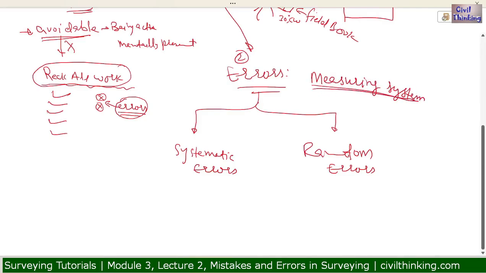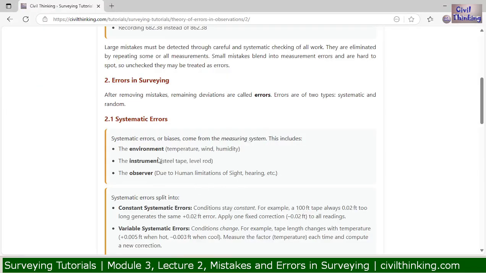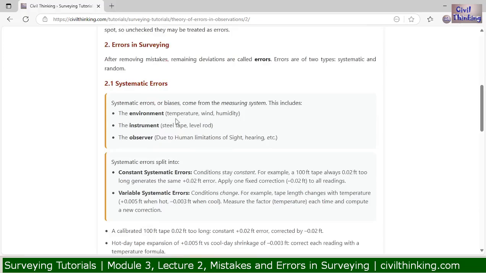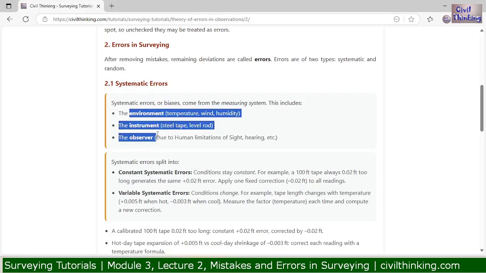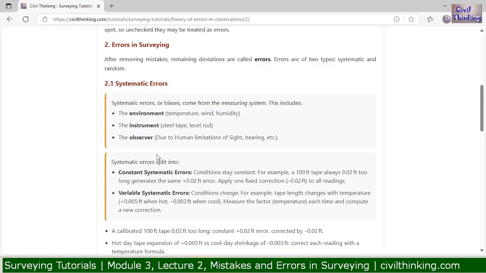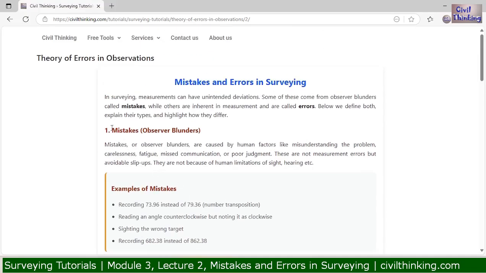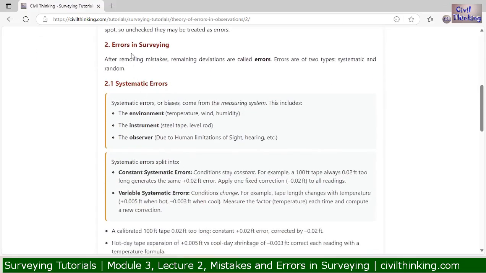Measuring system is basically a combination of a few things. What is the measuring system? Measuring system includes environment, instrument, and the observer. But you can remember that in the mistakes, the observer is involved, and also in the errors, the observer is involved. How is it possible?